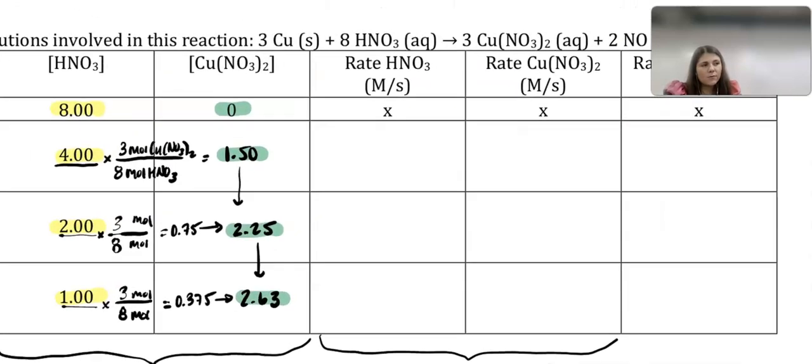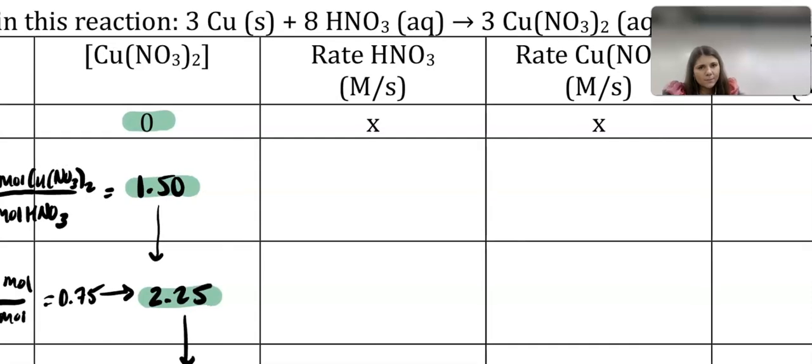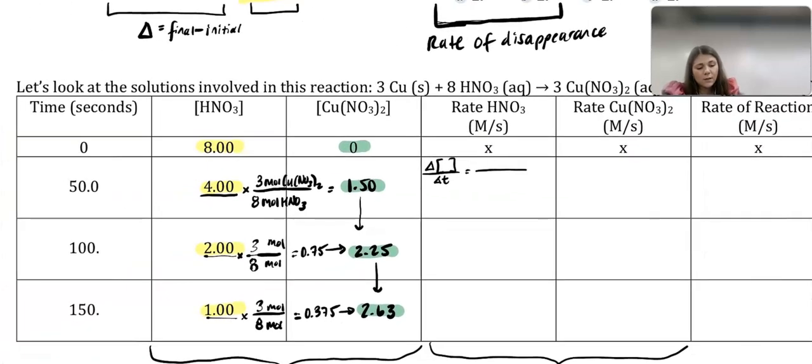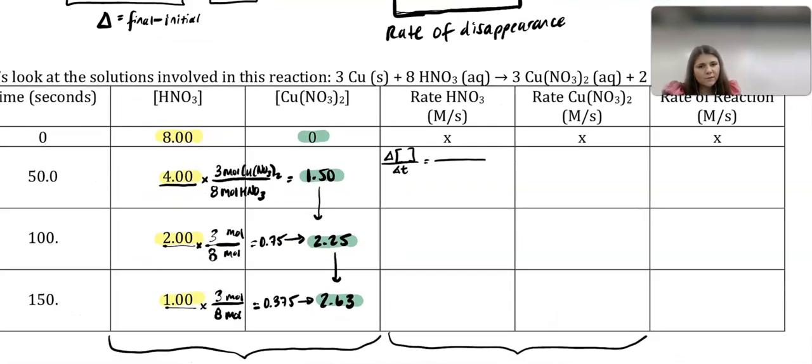So I'm going to zoom in for the nitric acid. Here we want the change in concentration and the change in time. We're going to be looking at the interval with the 0 time and then the 50, because we are going from 0 to 50. And then the next one we'll do 50 to 100, and then the next row 100 to 150.